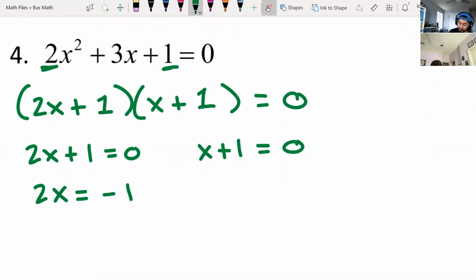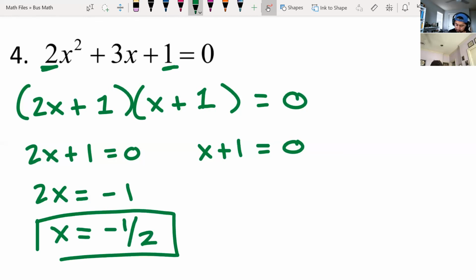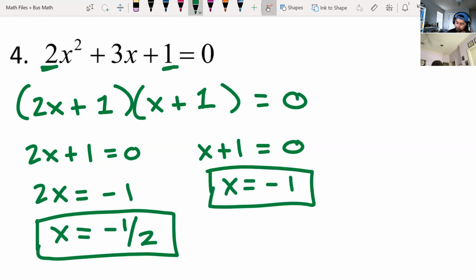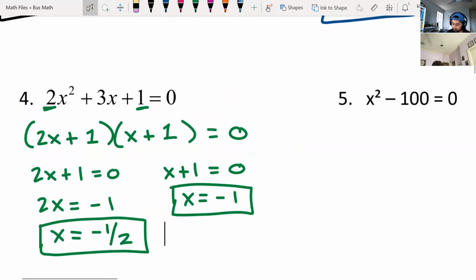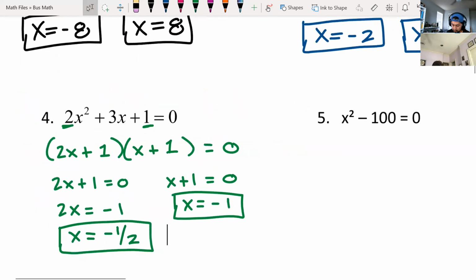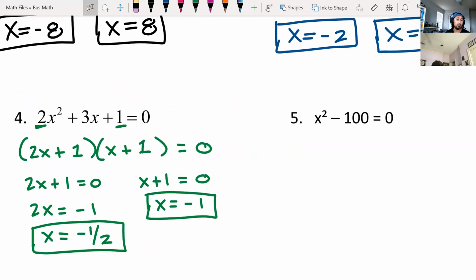And then you'll divide by 2. And x equals -1/2. Over here, x will just equal -1. Okay, perfect.